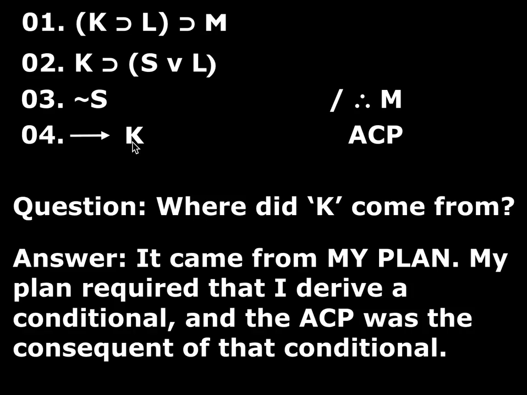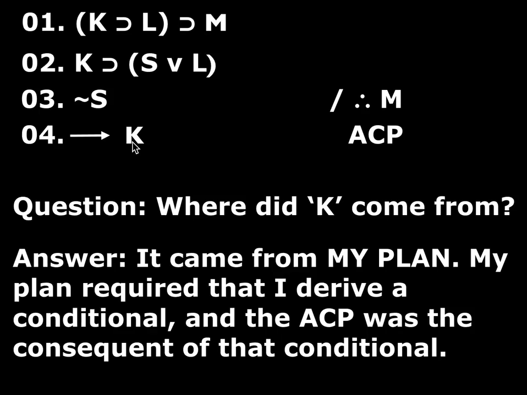Now, why did I want it? Who knows? There could be 1,000 reasons that I want some particular conditional. Maybe it's the conclusion, or maybe it's something I realized could help me get the conclusion. It doesn't even have to be helpful at all. I could do a conditional proof in the middle of a proof such that the conditional I derive isn't useful for anything, and then I just continue and do the proof a different way, and the conditional proof was just there wasting space.